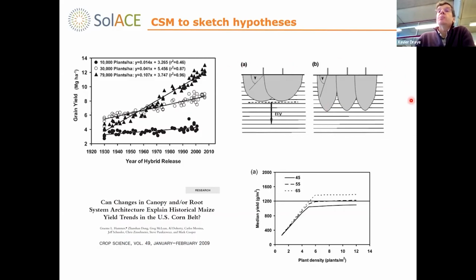So they tried to put that into equations in the previous model, and they came up with a simulation result suggesting that the genotypes produced in the year 65 would actually have been able to produce more at higher density. It doesn't demonstrate anything, it just shows that the root system effect described in this hypothesis would be sufficient to account for this kind of response.